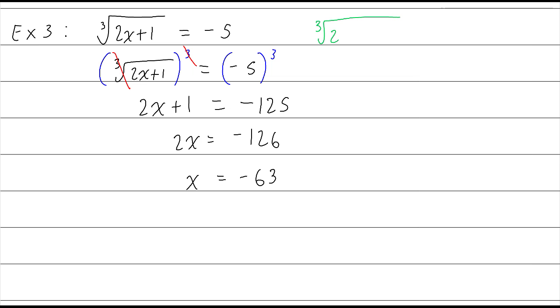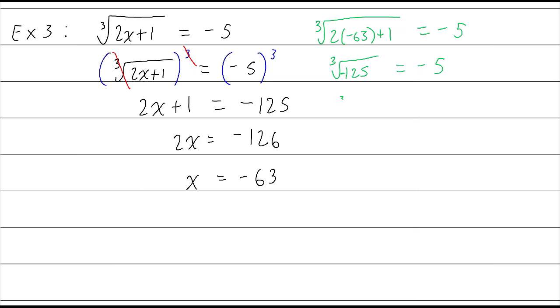So 2 times negative 63 plus 1 in my calculator is negative 125, and the cube root of negative 125 is negative 5.